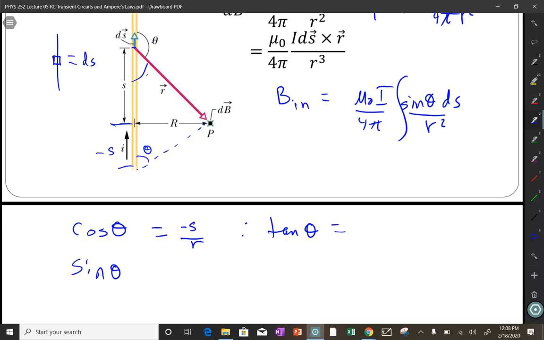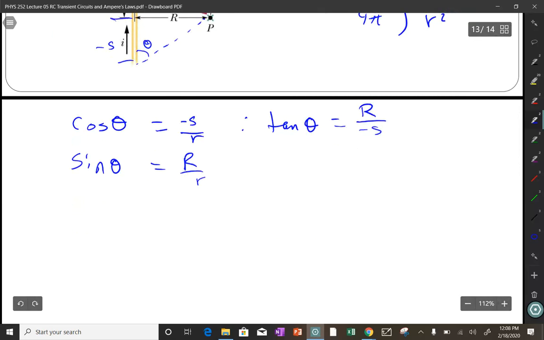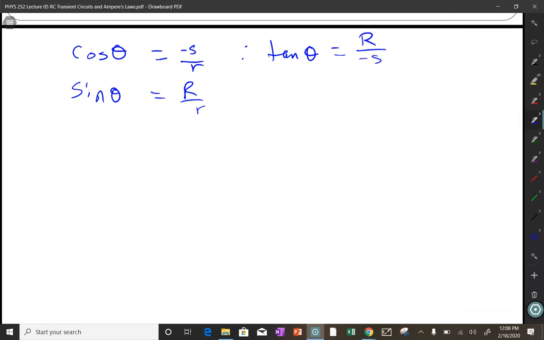Sorry, sine theta would be capital R. And then tangent theta is capital R over negative s. Yeah, there we go. And I hope this minus s thing is going to work out right for me. I think it will, but there could be a minus sign error in my answer. Just be aware that I'm not 100% confident about my sign choices.